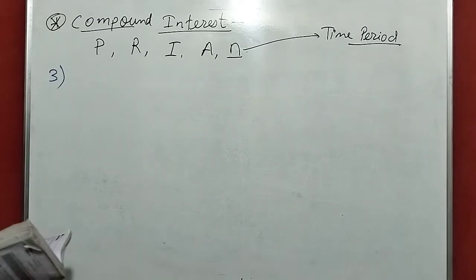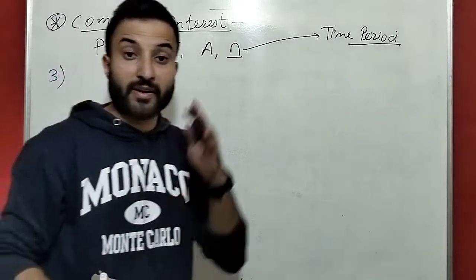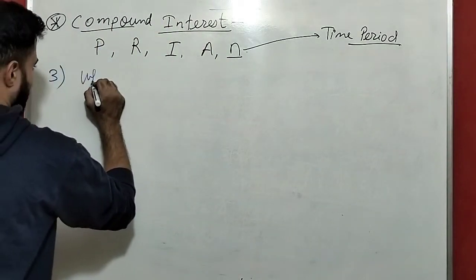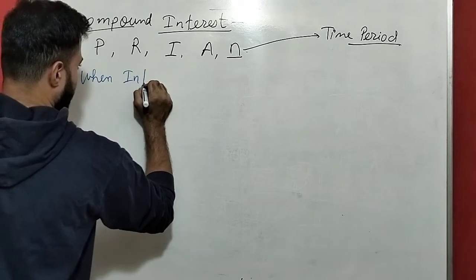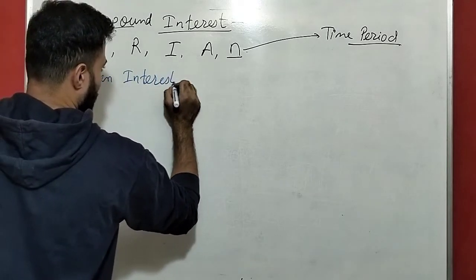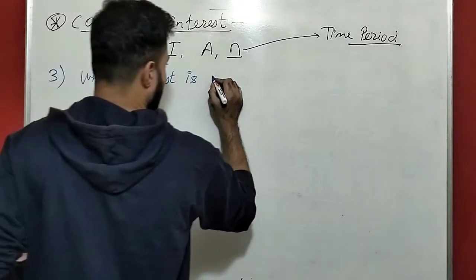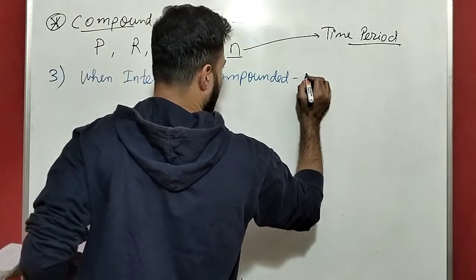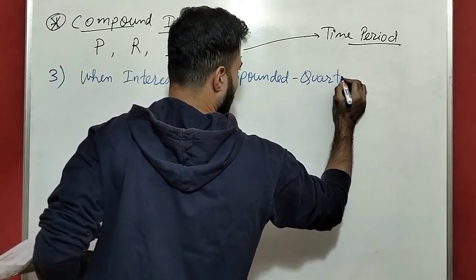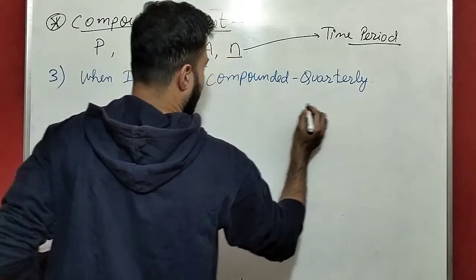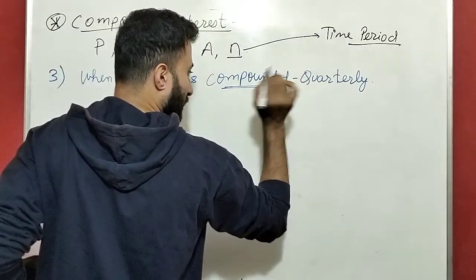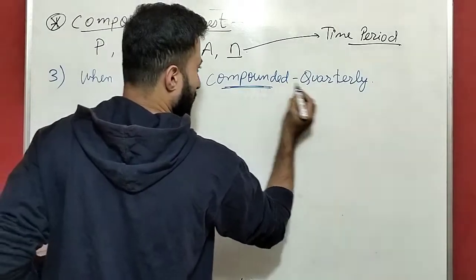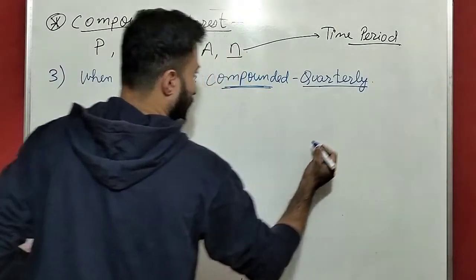Next, the third one is when interest is compounded quarterly. Quarterly means 4. We have seen compounded annually, which means every year, per year, then compounded half yearly, and compounded quarterly.